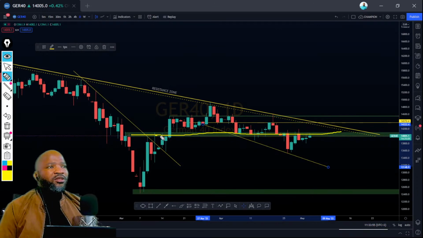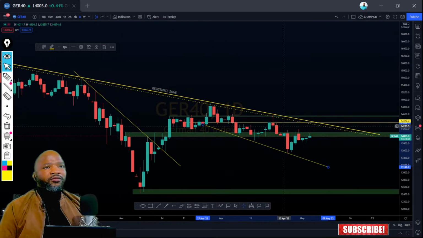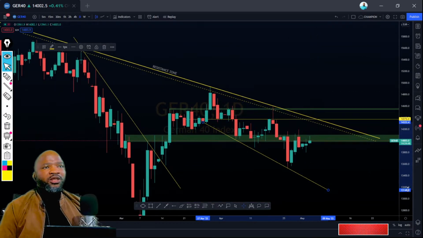We had our previous support, now we have a resistance, and the price is about to respect the level, as you can see by that candlestick right there. This is a rejection candlestick. It signifies that our price could push towards the downside.